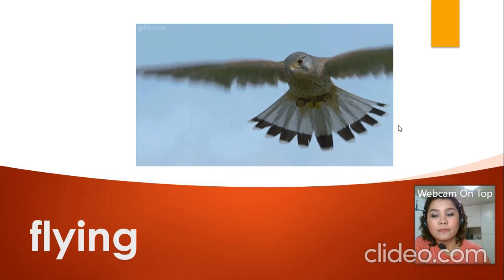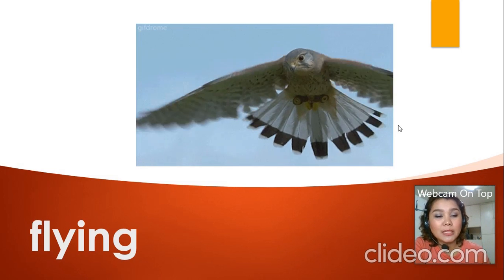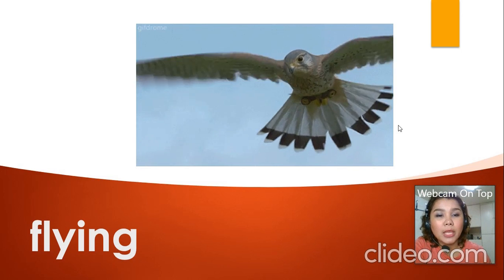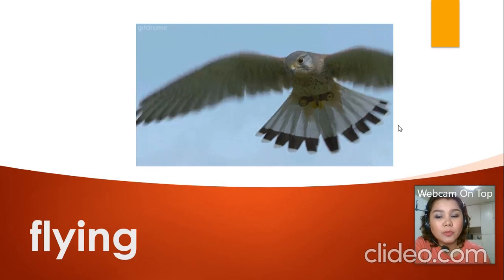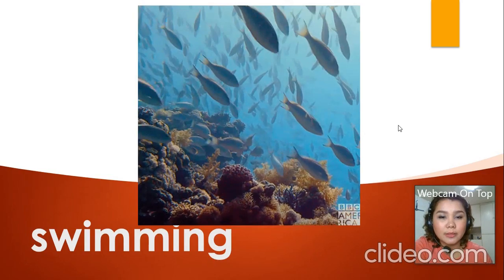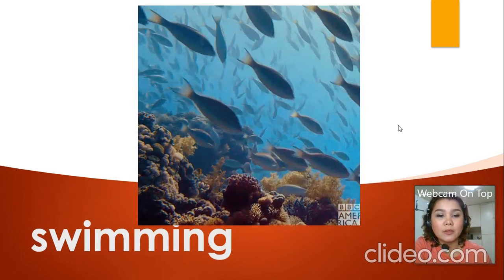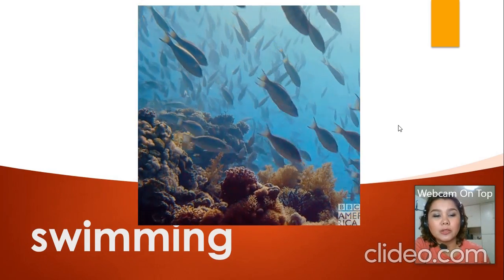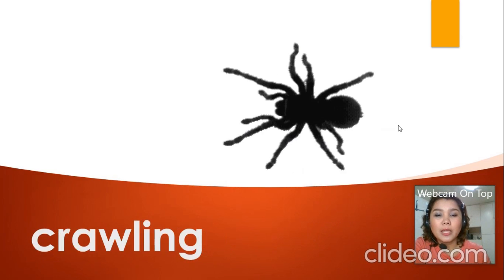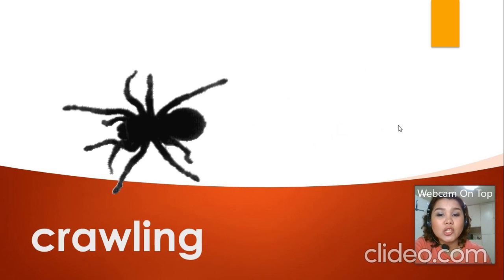Let's find out if all animals with wings can fly just like the bird. Next one, swimming. It involves water, so they swim. Some animals swim. And then the next one is crawling.